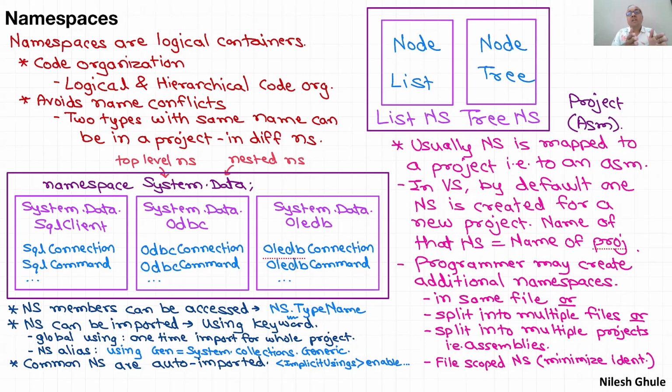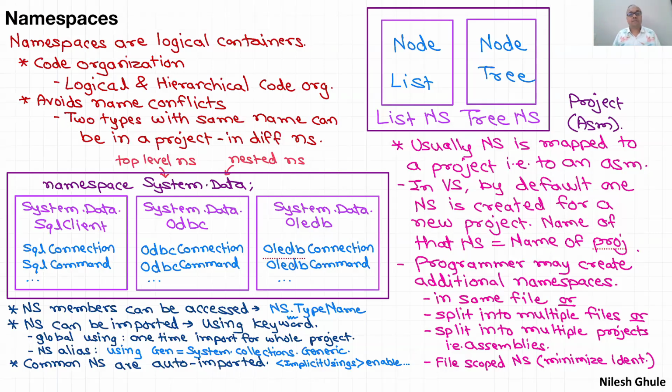By default, the namespace is associated with the project, and in Visual Studio the name of the namespace is the same as the name of the project. But a programmer can create additional namespaces in the same C# file.